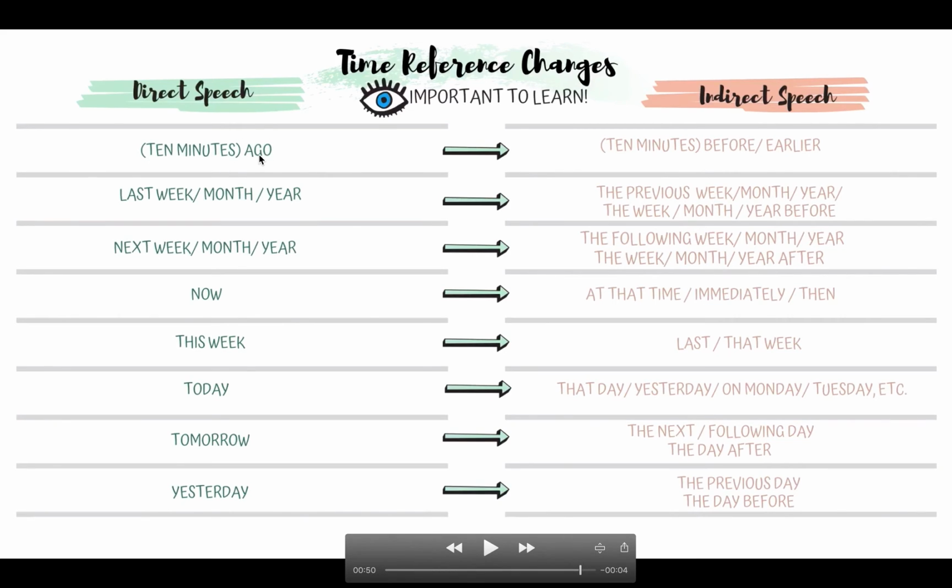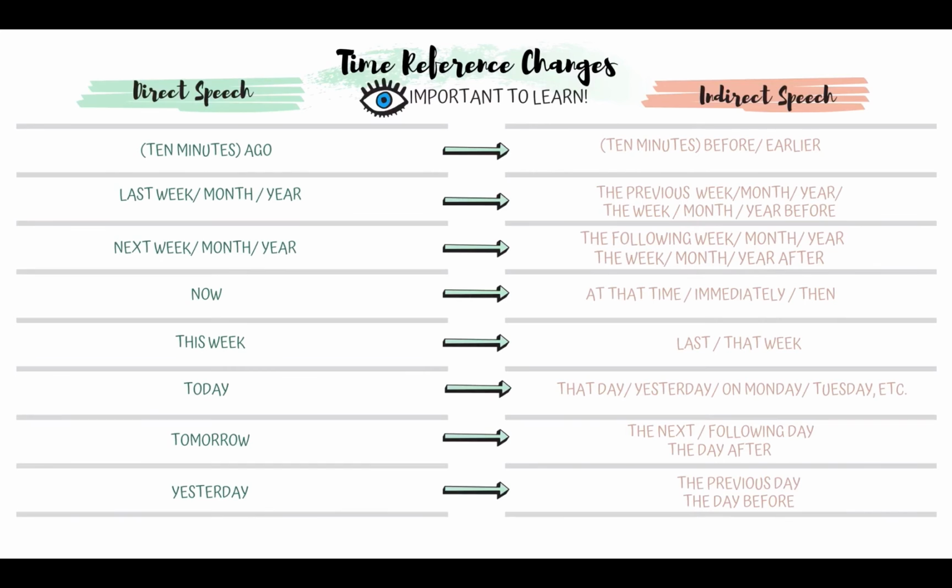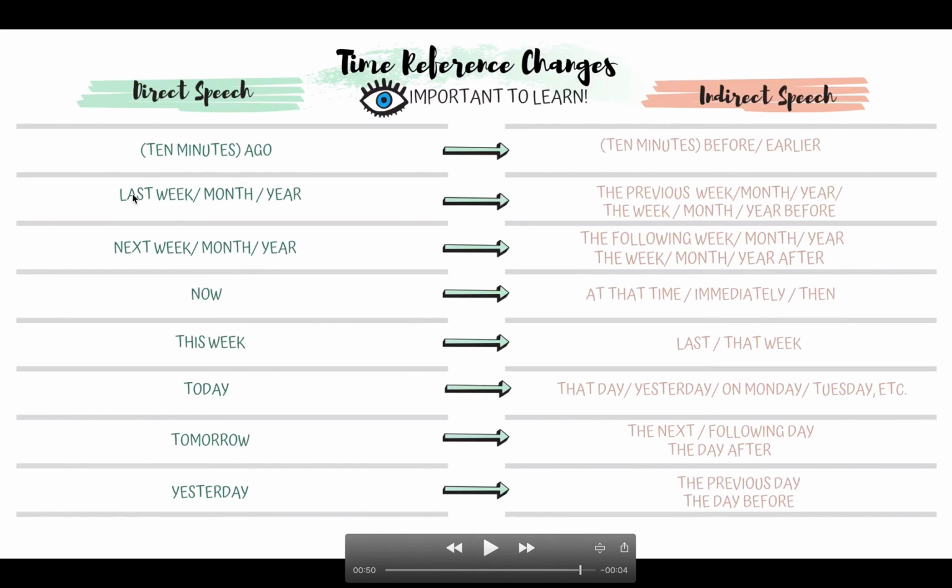The ago is what then changes to before or earlier. You can use either one. Last week, last month or last year or last September or last Tuesday. They're all the same. The last is what you need to change. So the previous week, month or year, or the week or the month or the year before.